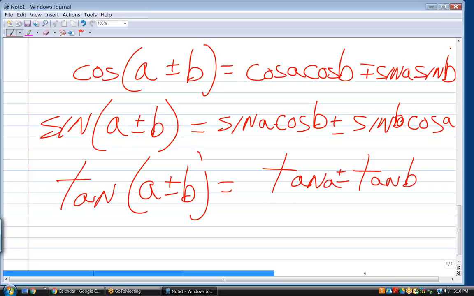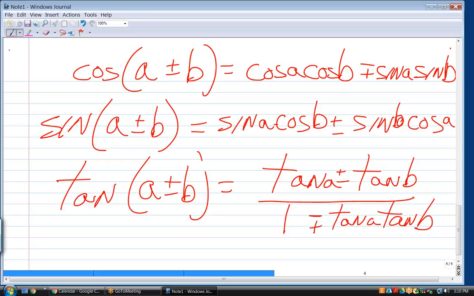But the denominator is 1 opposite minus plus instead of plus minus, and in the product, tan A times tan B. So that's not that hard to memorize. And these are the 3 they want you to know.